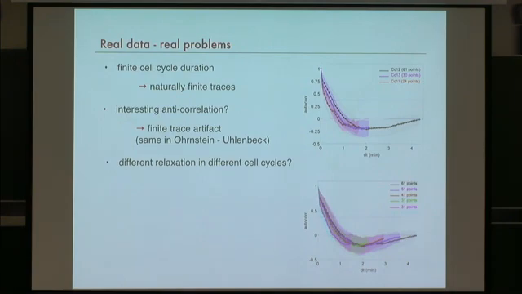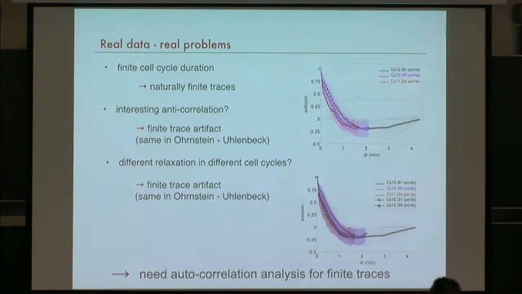But if you downsample it, you see that all the cell cycles, if you take the same number of points, which is on the order of 24, they all fall on the same line. So again, the differences you're seeing are pure artifacts of the finite traces.